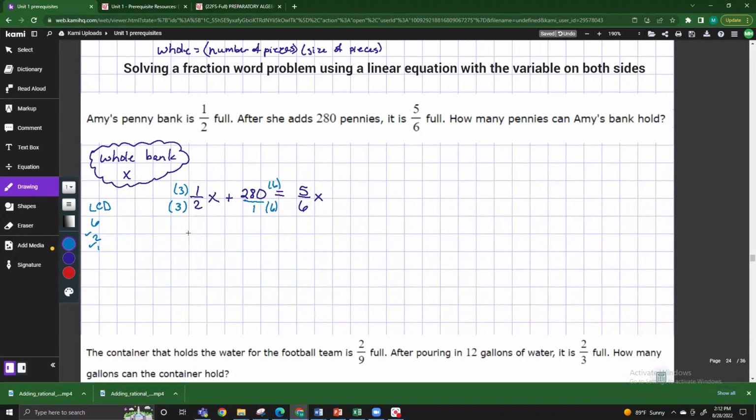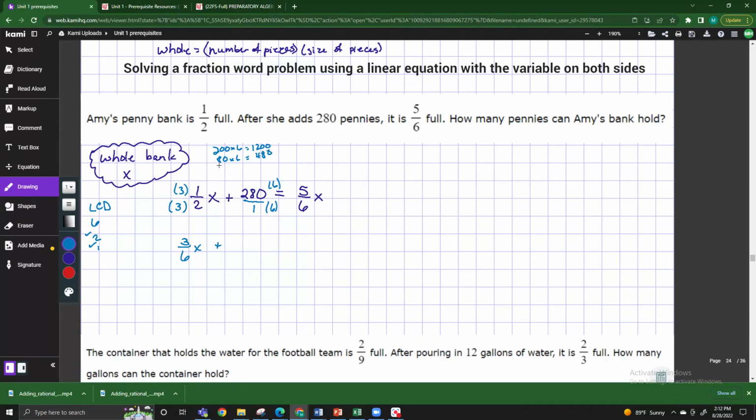That will give me 3/6x plus 280 times 6, so 200 times 6 is 1200, 80 times 6 is 480.